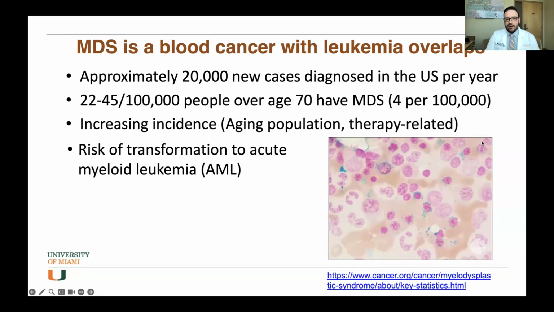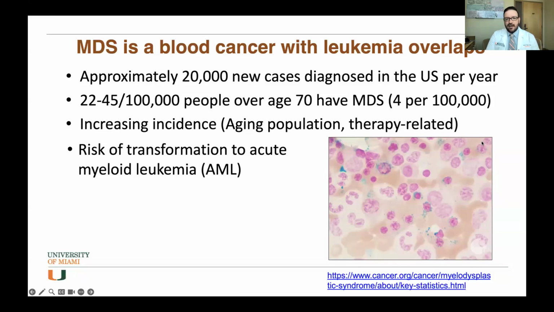MDS is rare, as opposed to acute myeloid leukemia. There are fewer patients diagnosed with MDS. The estimates range. We don't know the exact number, but I would say anywhere between 10,000 to 20,000, and I'm of the belief that it's closer to 20,000 new cases diagnosed in the U.S. per year.